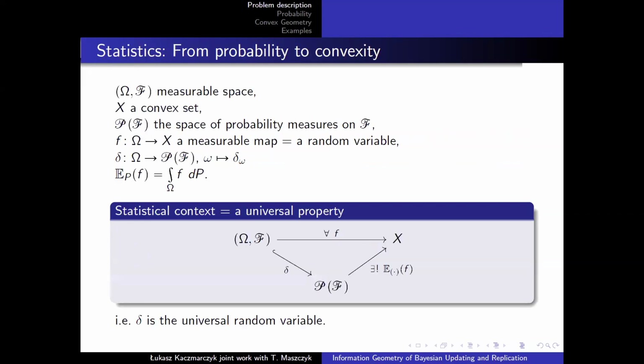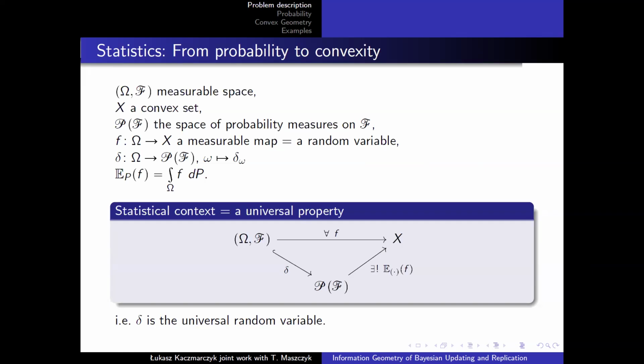So, okay, first of all, what do I even mean by statistics, and why will I be making a quick jump from the usual notion of random variables as measurable mappings from a measurable space to some convex set, to surjective affine maps?